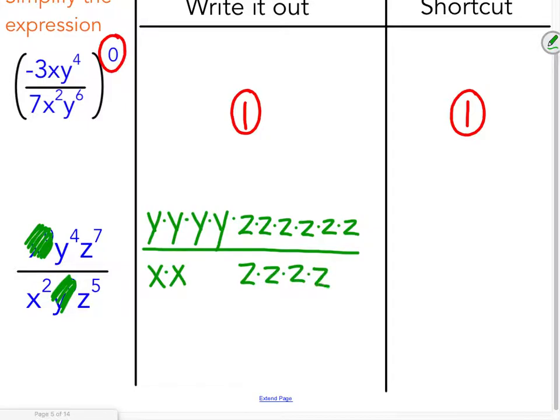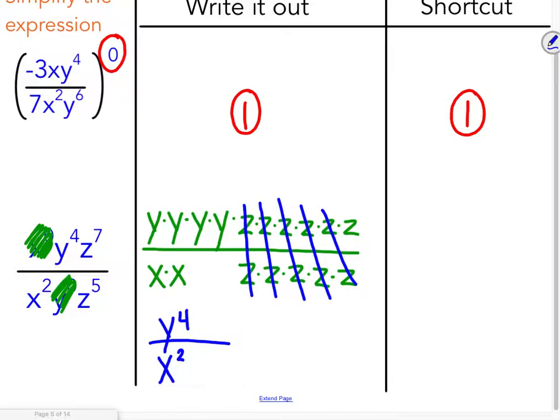Now you'll notice none of our y's or x's even cancel, so really I didn't even have to expand those. So it'll stay y to the fourth with an x squared on the bottom. All I have to do is cancel the z's. So I'm left with one z on the top.